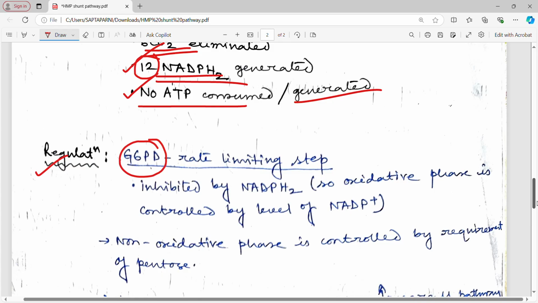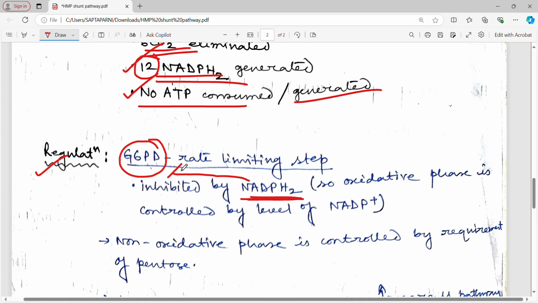How? This G6PD is actually inhibited by NADPH2. Why? We are running this pathway for the generation of NADPH2. So if you have an ample amount of NADPH2, you don't need to run this pathway, right?